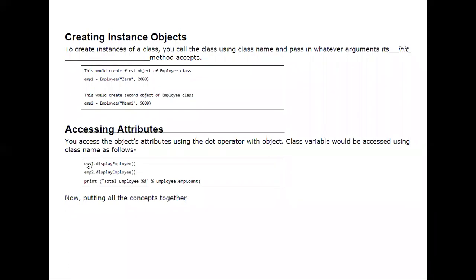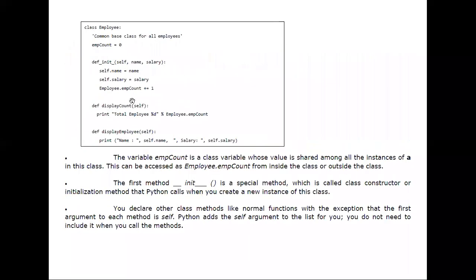You just have to call that function, emp1.display_employee, and it will automatically pass the reference of that emp1, and it will give you the information from that emp, because that is the class variable, it is available for each and every object. So it will give you the number, that is 2, because we have created two objects.